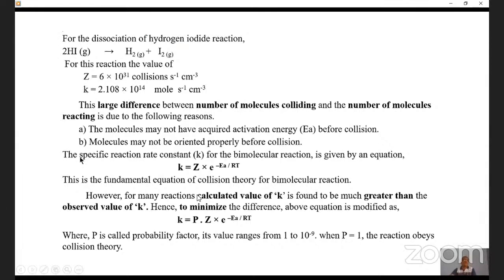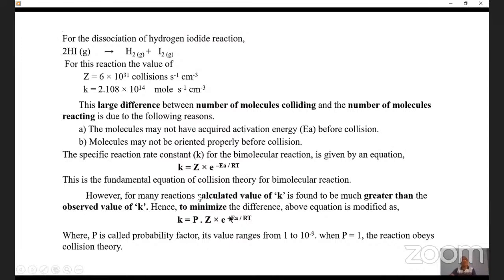The specific reaction rate constant K for such a gaseous state bimolecular reaction can be calculated by using the equation K is equal to Z into the Boltzmann constant. This equation is called the fundamental equation of the collision theory for bimolecular reactions.